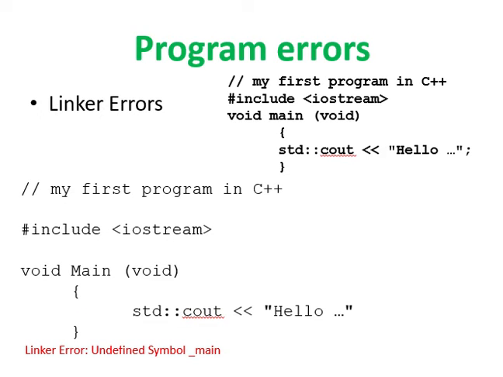Second, in the linker error, first we look at this part of the code. Here one error is that we wrongly use void main: we use a small m, main, and then start the function.